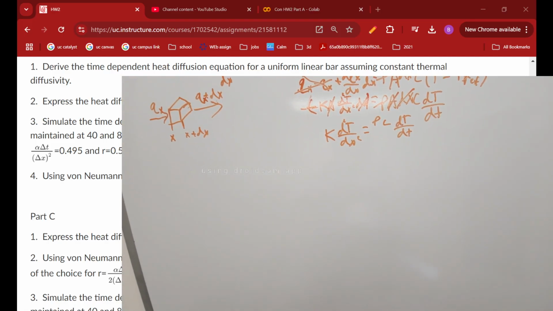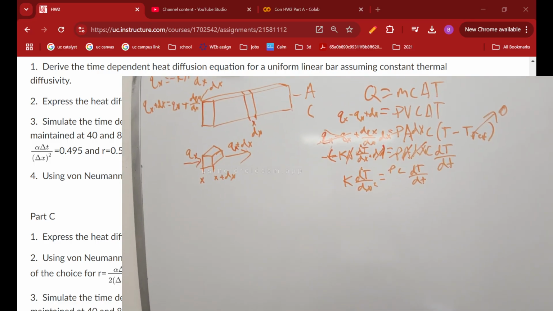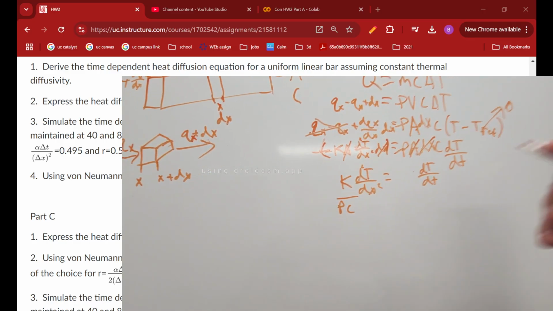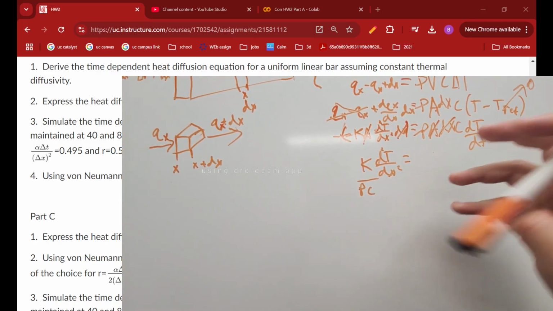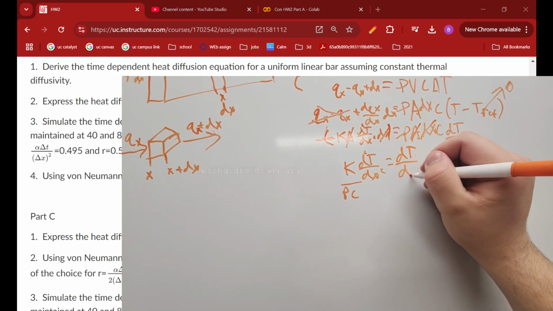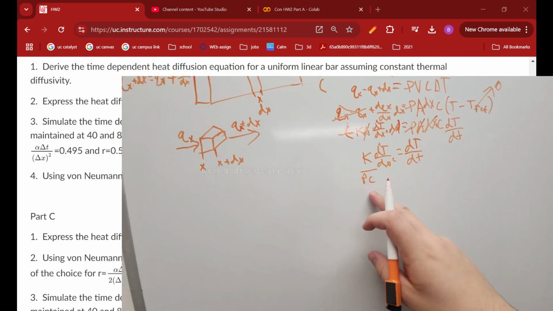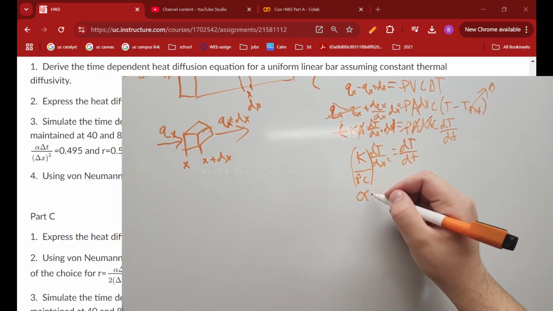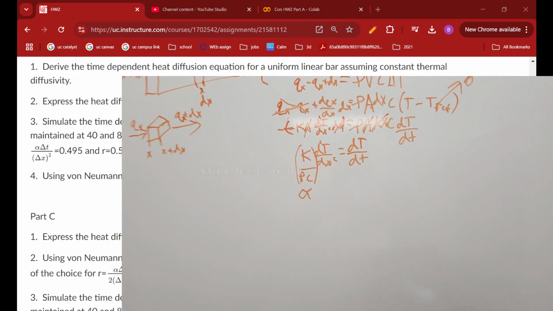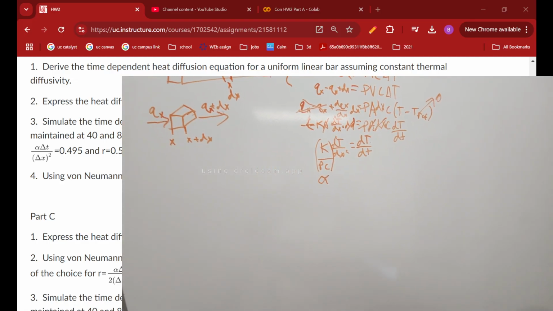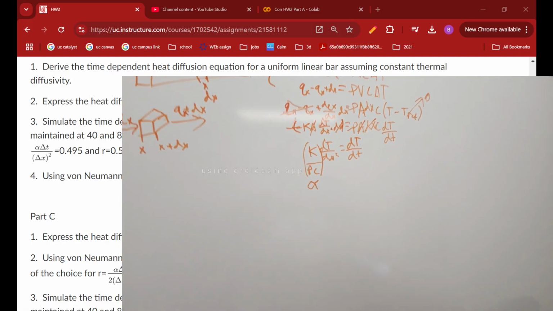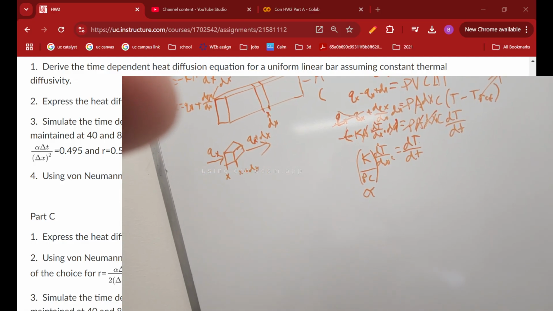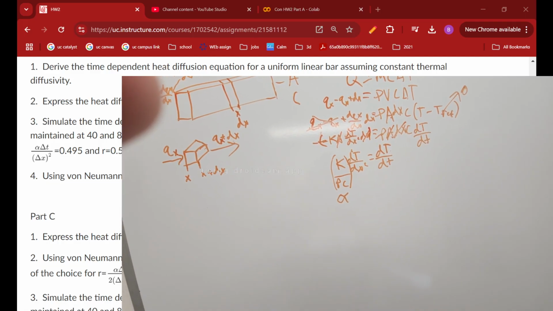But we can also see that after we move these over, this looks like alpha, which we've seen maybe not earlier in this class, but alpha is our thermal diffusivity, which is a constant.